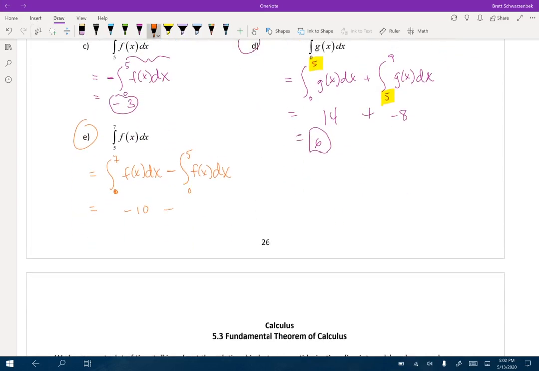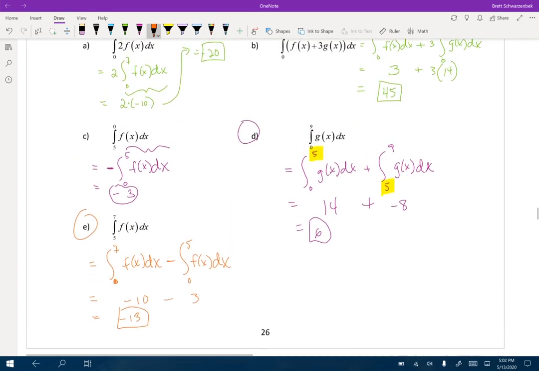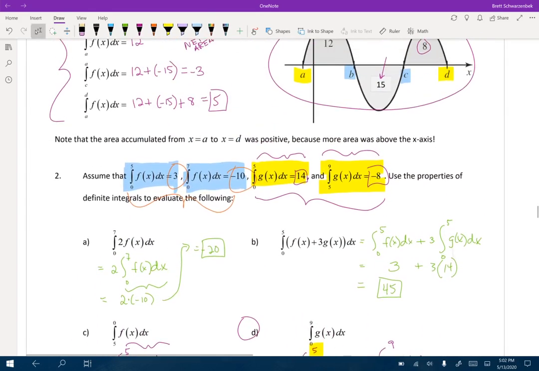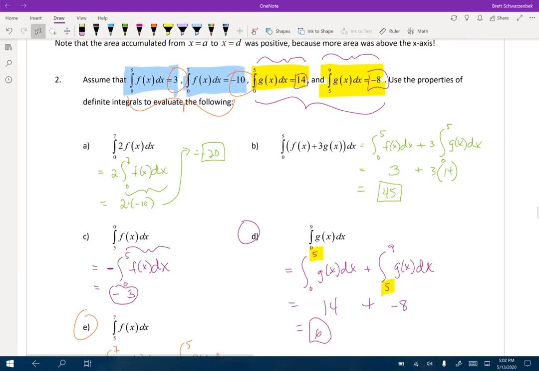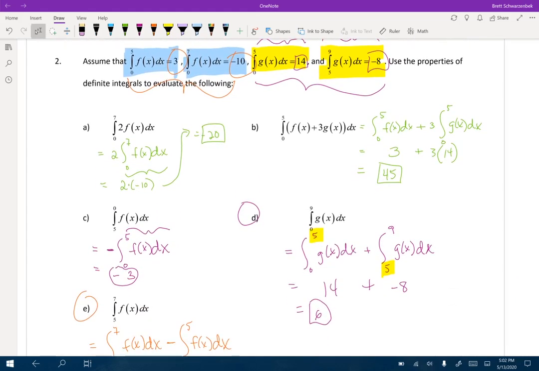So if you do the math, you get negative 13 as the net area for our problem. Again, all of these are net areas, and that is what we're going to be concentrating on as we move to the next section and get into really serious integration. Right now, you just know the basics.